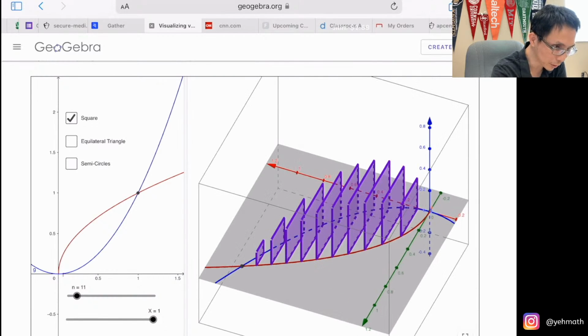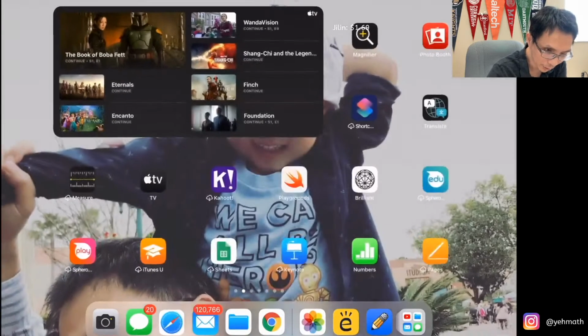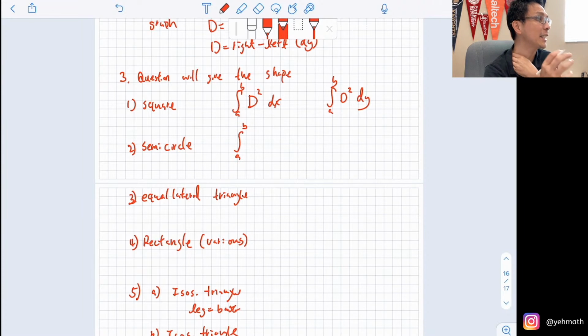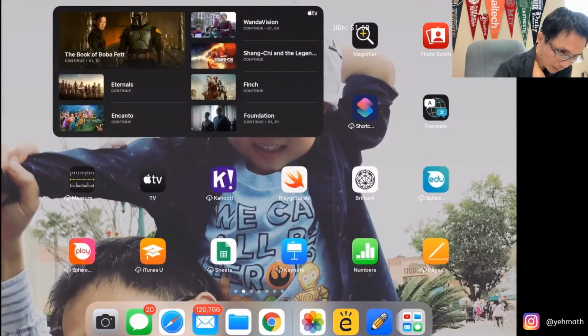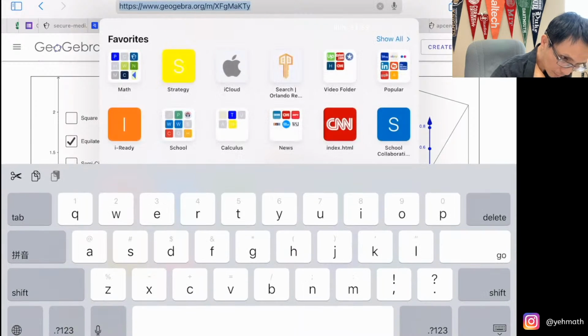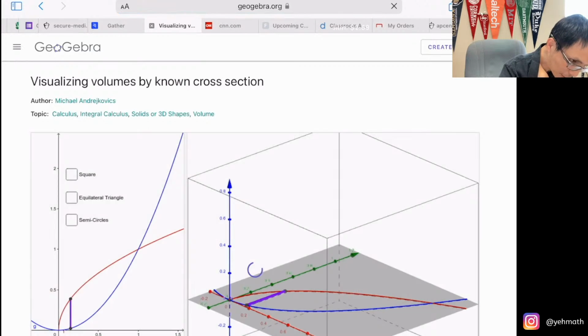Now we're going to deal with the next one. For the equilateral triangle, I'm going to give it to you: it's going to be D times D, but square root 3 over 4. Between, oh, that's the semicircle, sorry. I wrote it wrong. Thank you, good call. So it's between A to B. In this case, D is the diameter of a semicircle. The semicircle is going to look like this.